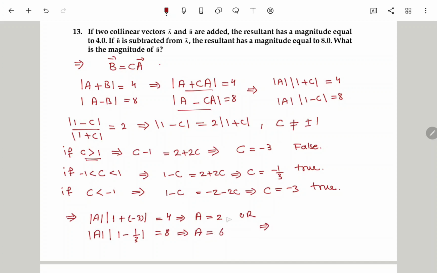Now if A equals 2, and we all know that B equals cA, in this case B equals 6, and if A equals 6, then B in this case equals cA, or B equals 2.